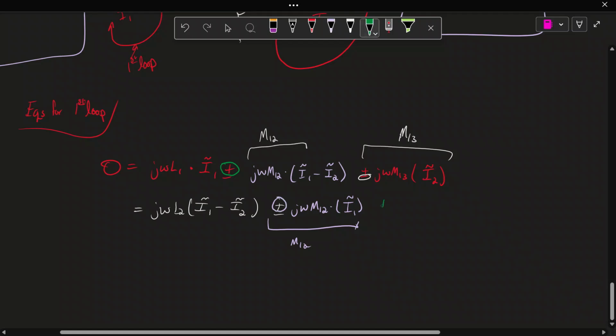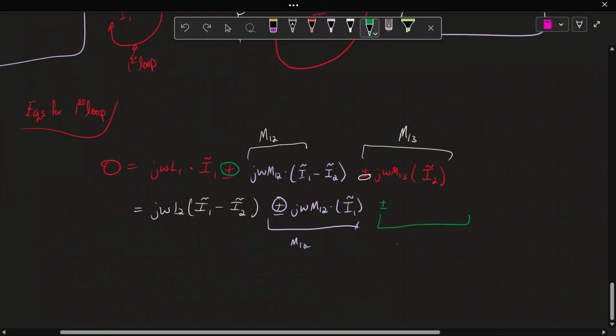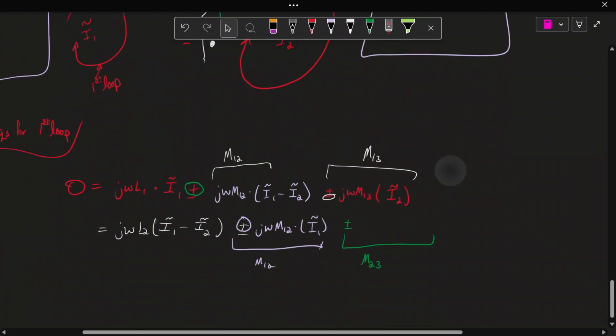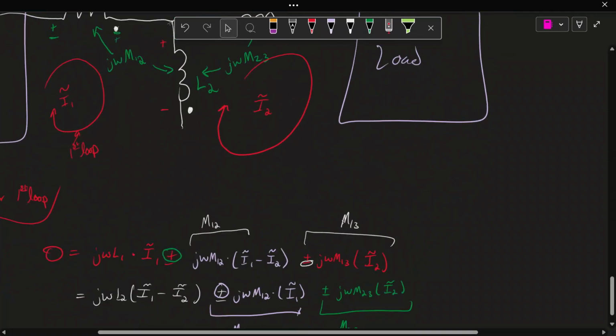Then we have plus or minus. This one will be M13. Actually, M23. So what we have here is j omega M23 times I2, because this is the mutual inductance that 2 feels from 3. So we have to find I2, the current passing through L3.